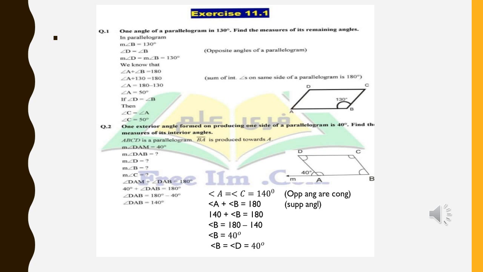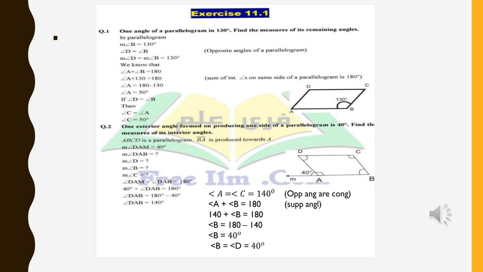Side BA is produced towards A, and at the produced side draw the 40 degree angle at the exterior of the parallelogram. Students, you know the adjacent angle property, that the sum of adjacent angles will be equal to 180. Look at the diagram. 40 degrees is the exterior angle of the parallelogram and the interior angle of the parallelogram is angle A.